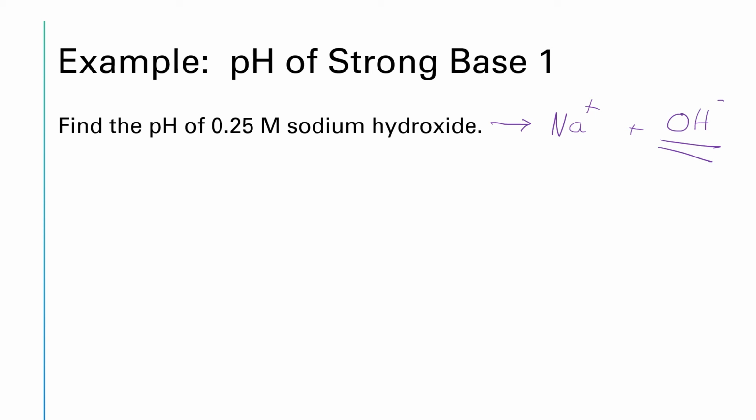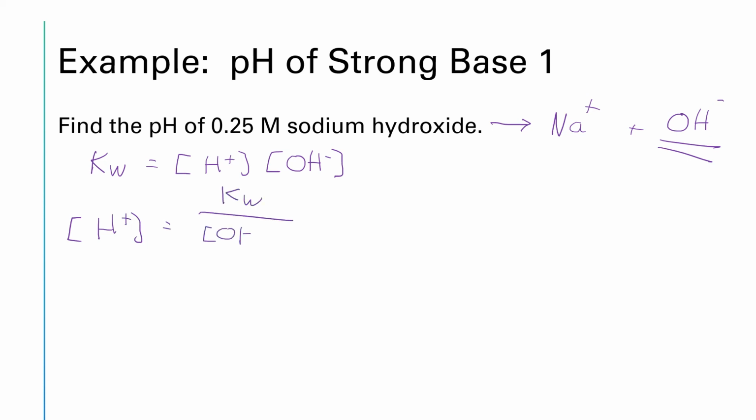The good news is Kw will save the day, because that's equal to the hydrogen ion concentration times the hydroxide ion concentration. So we can rearrange this equation to get that the hydrogen ion concentration is equal to Kw divided by hydroxide ion.